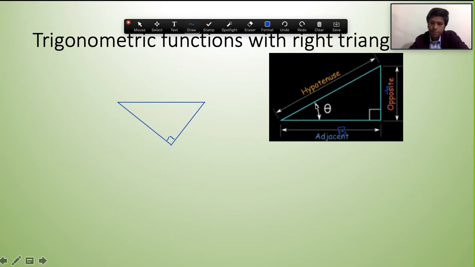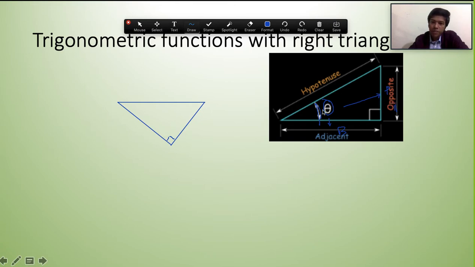The concept is, where is this angle given? Angle is given here, so this must be the base, and the angle is given in this corner, so this is the opposite side of the angle. That's why it is called opposite. Angle is given here, so this is the opposite side of the angle.